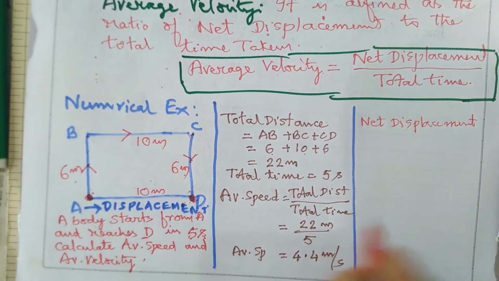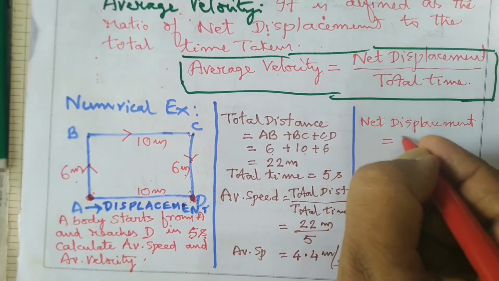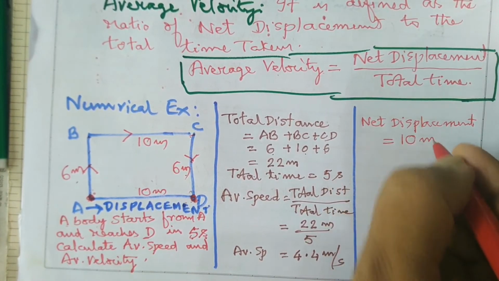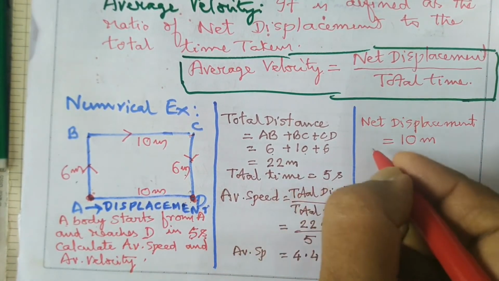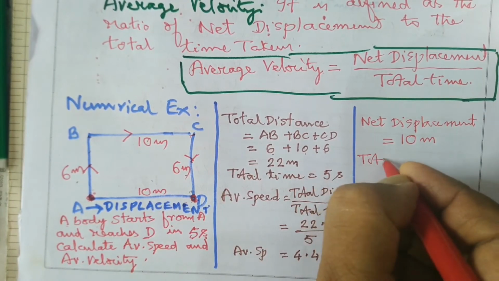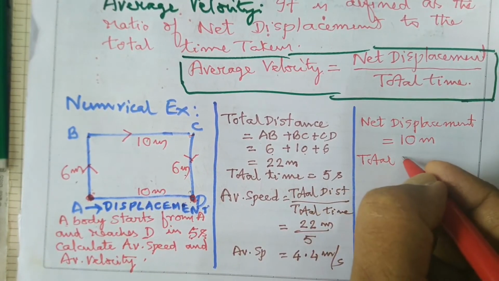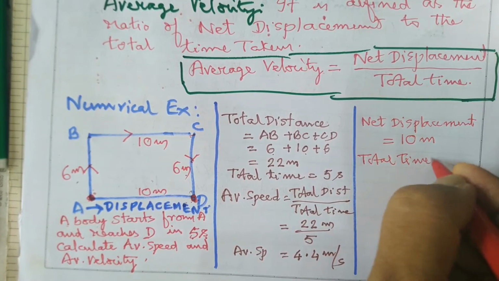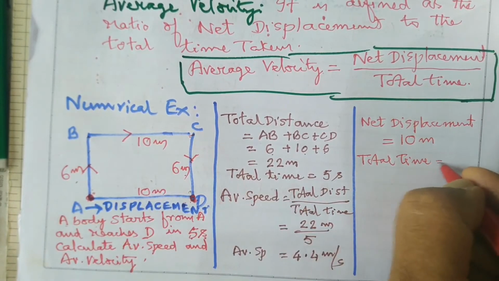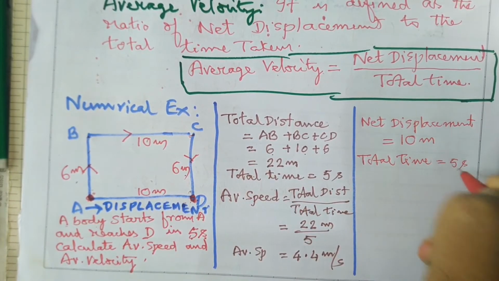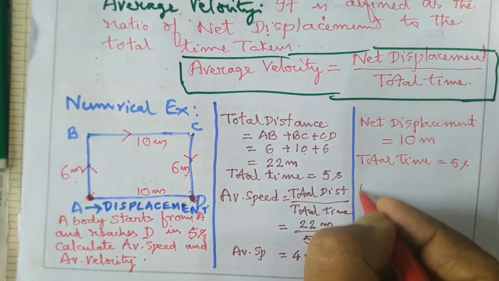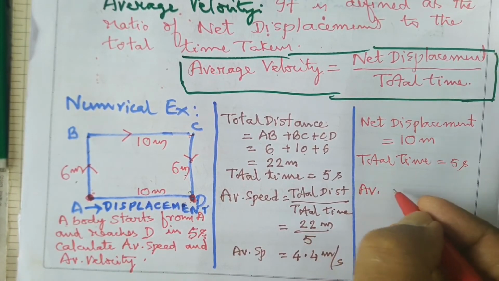I think you have understood. So net displacement is 10 meter. What is the total time taken? The total time is the same, 5 seconds, because we are calculating for the same motion. Again write the formula. Now we are calculating the average velocity.